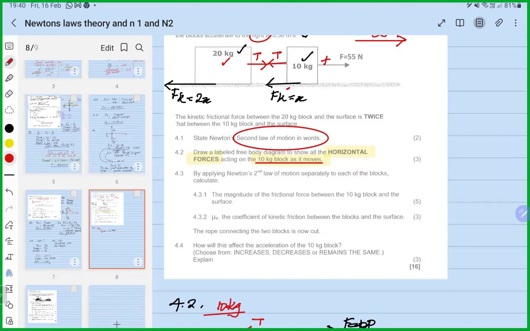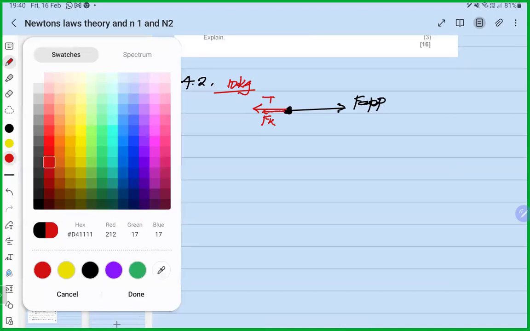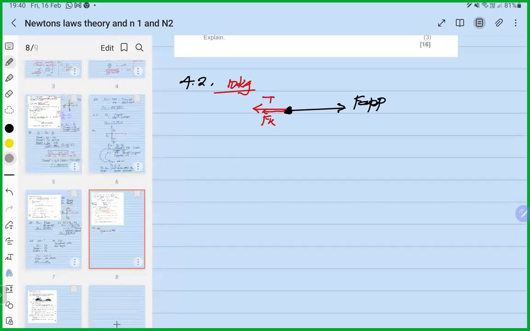Those two horizontal forces are going to be T and your Fk. So the examiner didn't ask for this. So what you should do ideally is do it in pencil. So for the 20 kilogram, you're going to have your tension going to the right and your kinetic friction opposing motion. And here, your F net is going to be T minus the Fk.